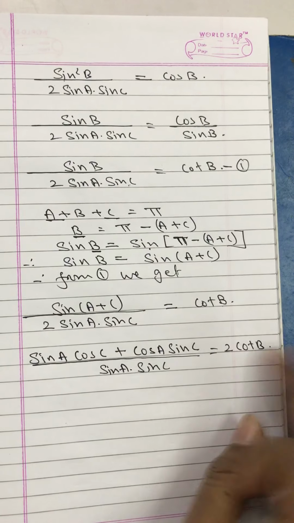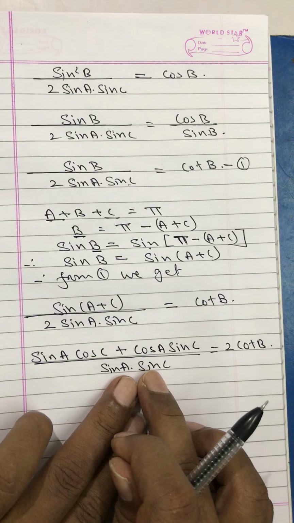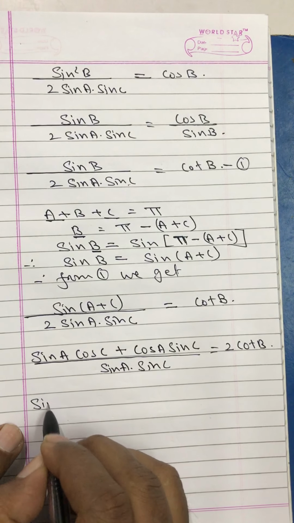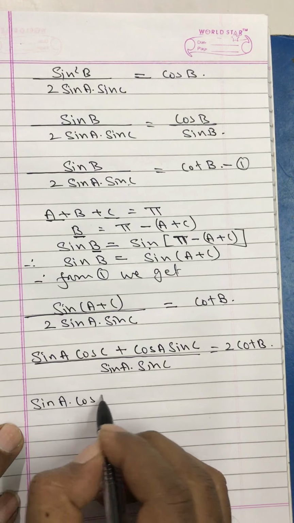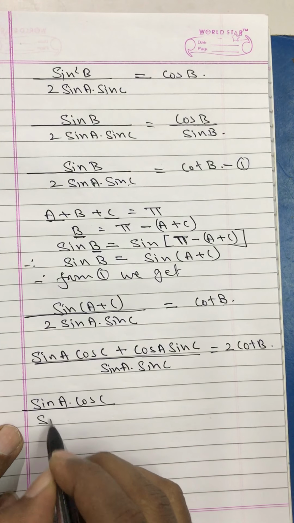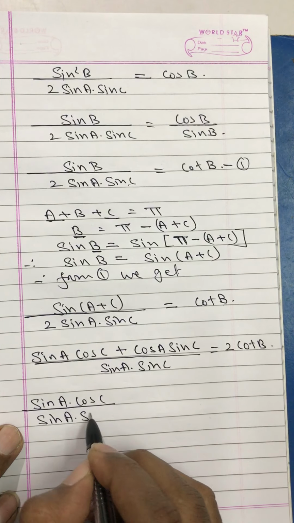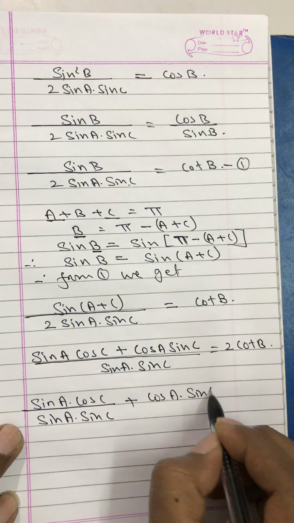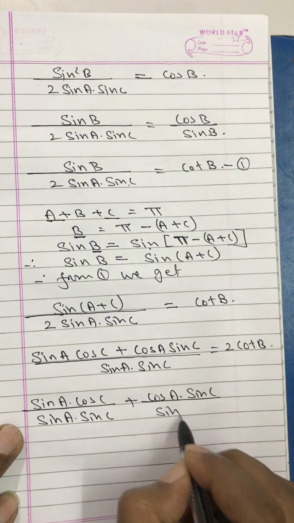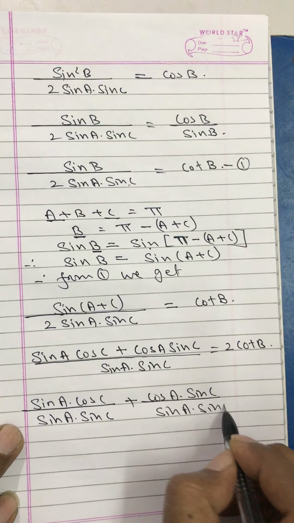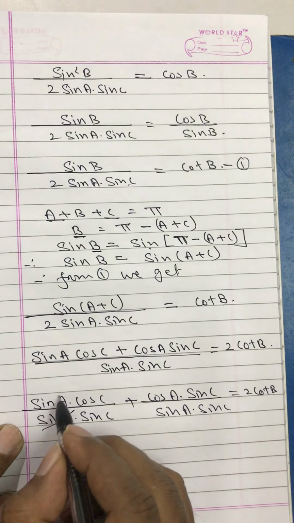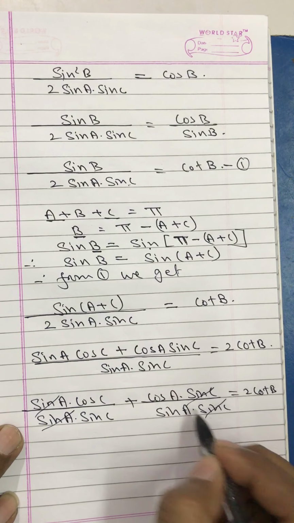So chalo, we have got 2 cot B, that's good. So now this sin A into sin C, I'll split under both of this. Sin A into cos C upon sin A into sin C plus cos A into sin C upon sin A into sin C is equal to 2 cot B. Sin A is gone, sin C is gone.